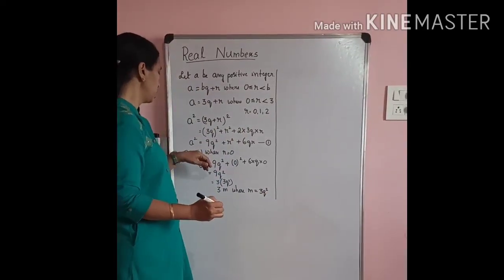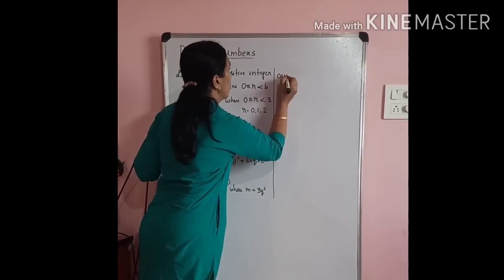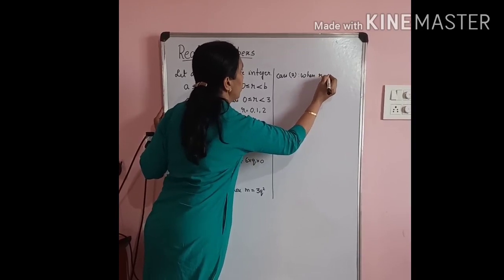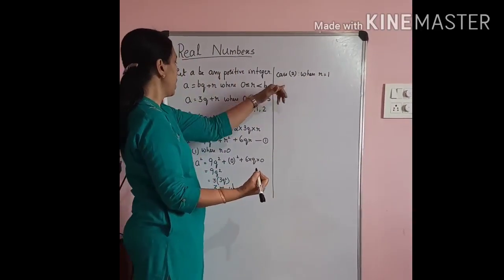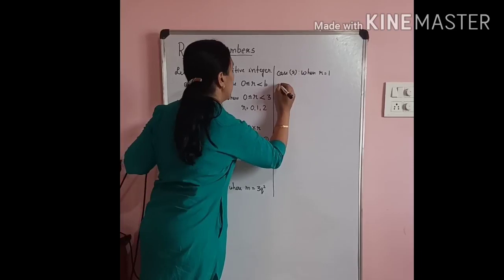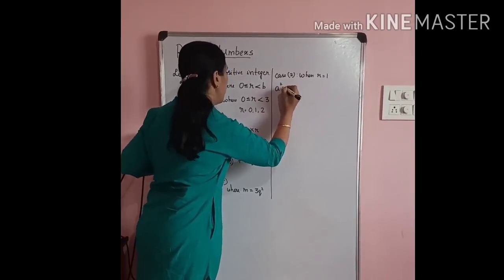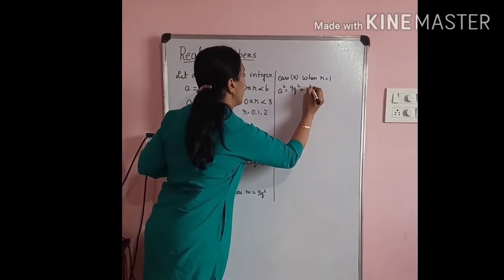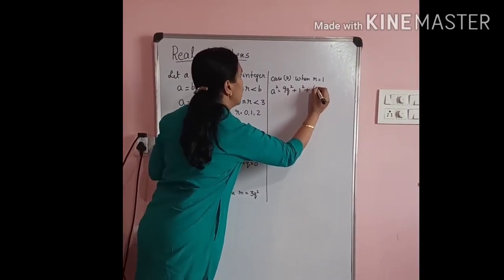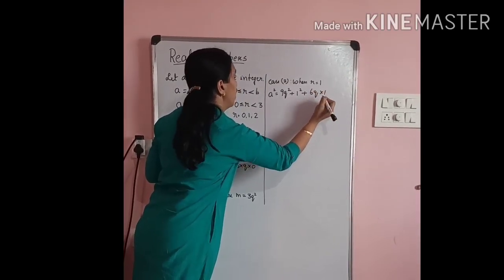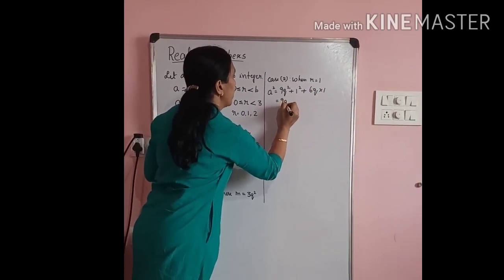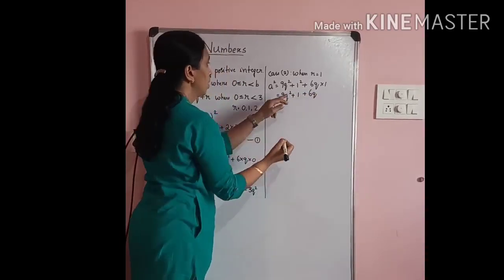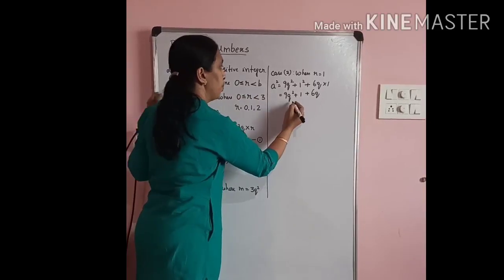Now let us consider case 2, when r is equal to 1. If we substitute r is equal to 1 in equation 1, a square is equal to 9q square plus 1 square plus 6 into q into 1. It will become 9q square plus 1 plus 6q. Now we have to get it in the form 3m plus 1.